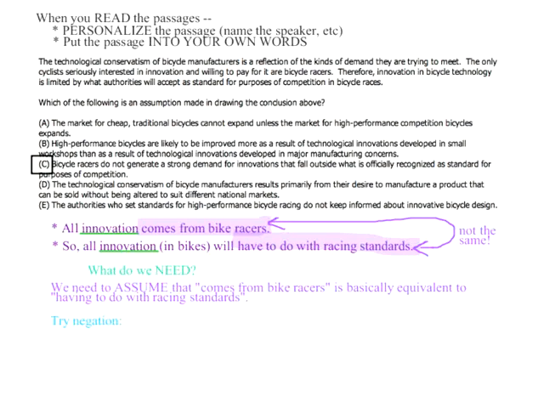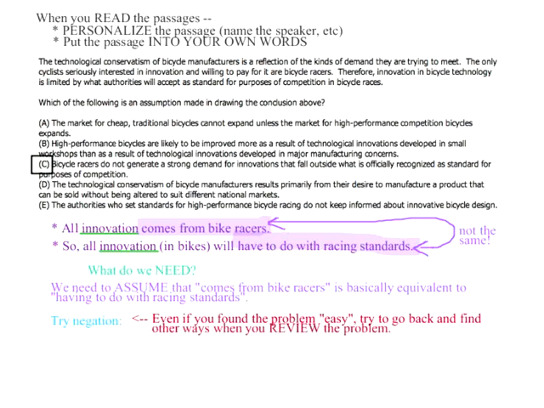Even if you found the problem easy, try to go back and find other ways when you review the problem. So if we try negation on choice C, what's the negation of choice C? If you make choice C false, what does it say? Go ahead and tell me in the text box.